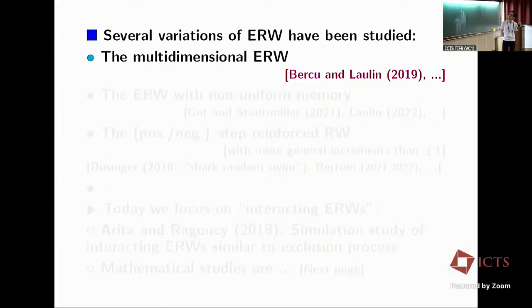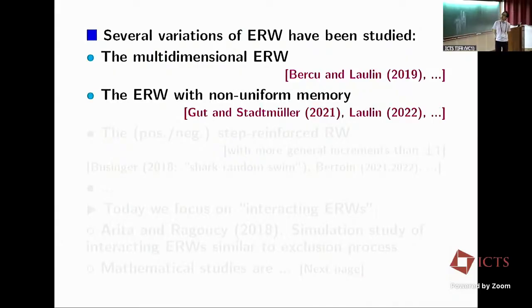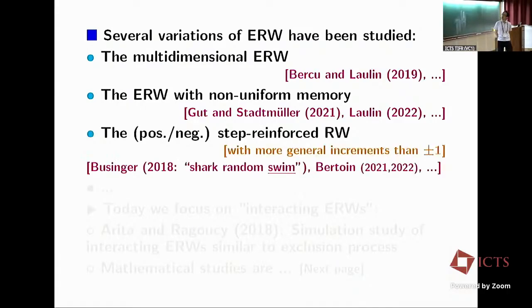Last week, we explained results for such a model. And the third generalization is the step size distribution. This is called the step-reinforced random walk, with more general increments than plus minus 1.